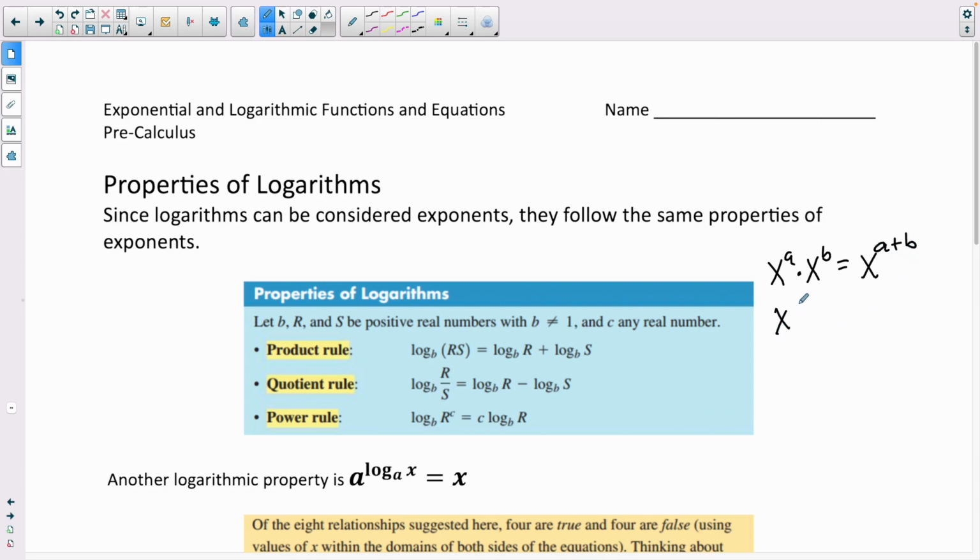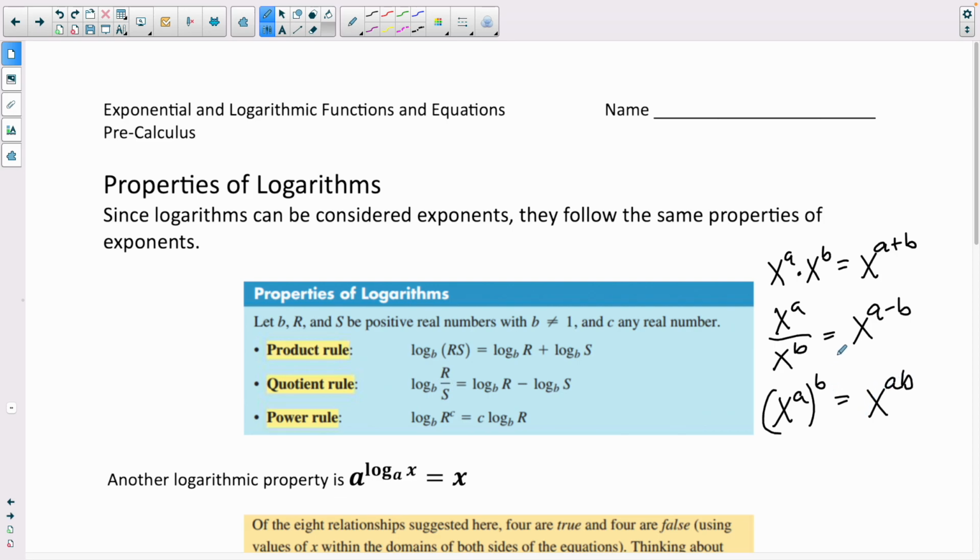If we had x to the a over x to the b, we would have x to the a minus b. And if we had x to the a raised to the b, we could rewrite that as x to the ab.